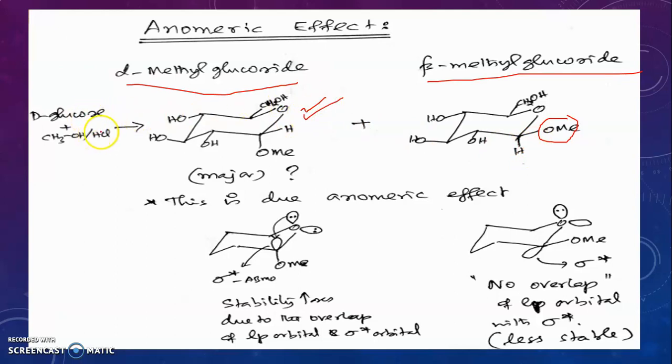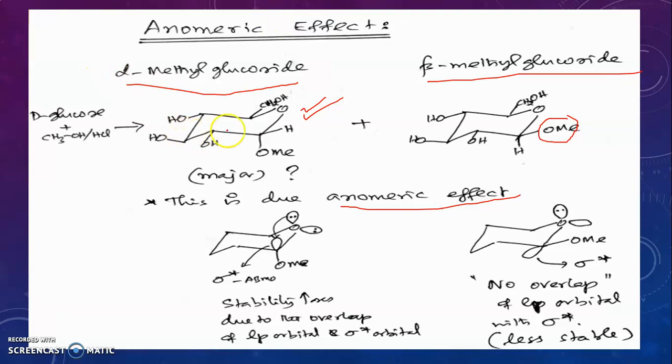So when you do this reaction, you will get the axial methoxy product formed as the major product. Why? What is the reason for this? This is what we call the anomeric effect. The anomeric effect is an effect in which the methoxy group prefers to occupy the axial position. This is called the anomeric effect.